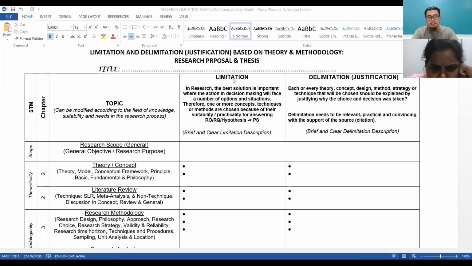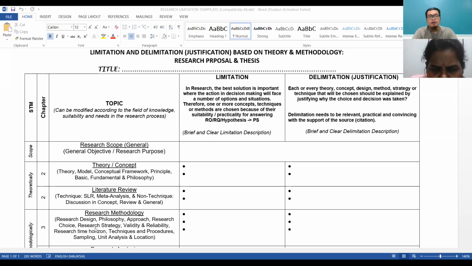You have limitations regarding your philosophy also, positivism or subjectivism. Your approach: inductive or deductive. Research choice: you choose mono method, multi-method or mixed methods. Research strategy: you cannot do many things, sometimes you just use a survey.